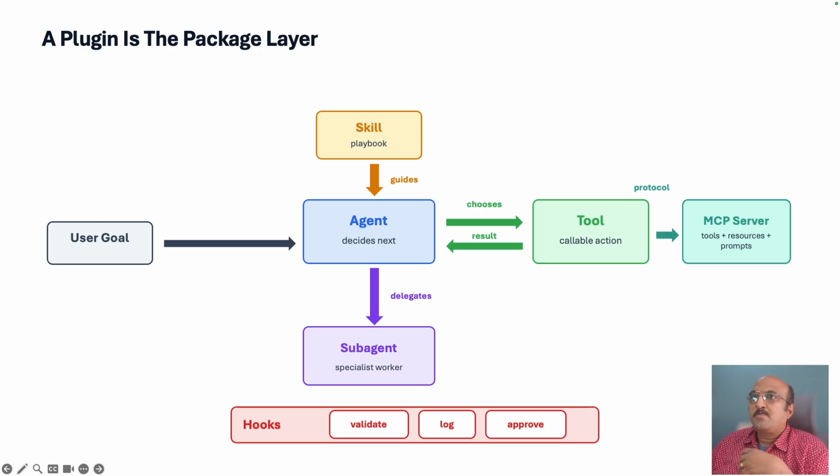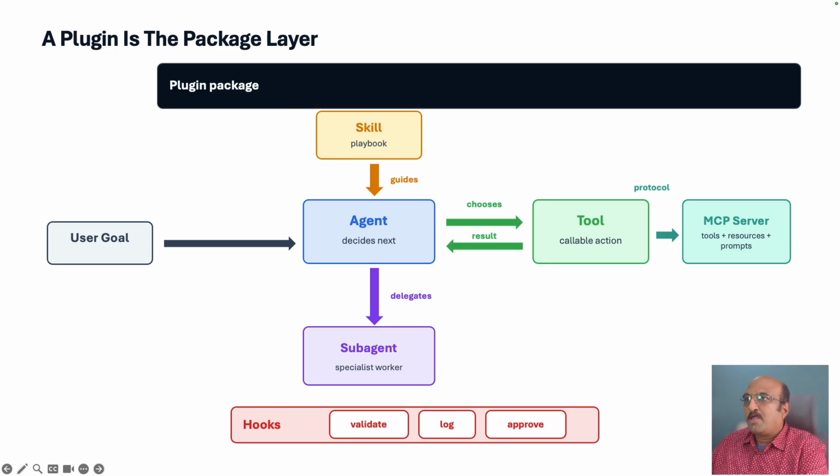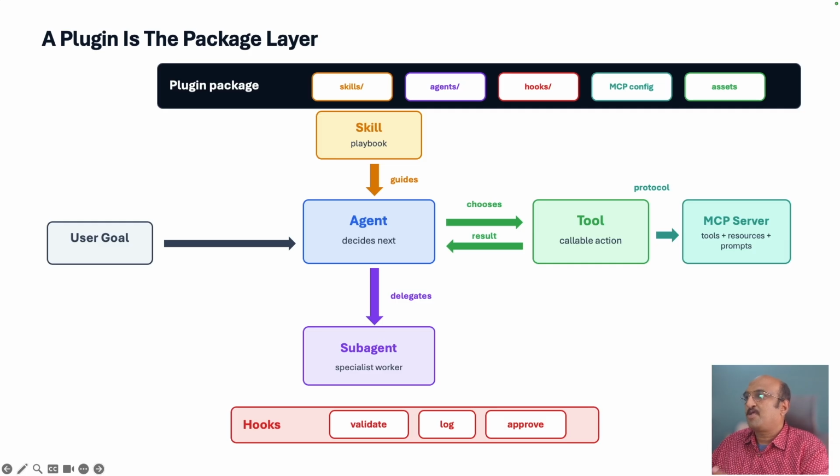So that is where the plugin concept comes into the picture. Once you have this gold standard of skills, agents, sub-agents, tools, MCP server, and hooks, you want to create a plugin package. What is a plugin package? Think of it like an NPM package. Just like in NPM, you distribute an SDK or workable code, in the plugin package, you distribute all these skills, agents, hooks, MCP config, and assets that you have created.